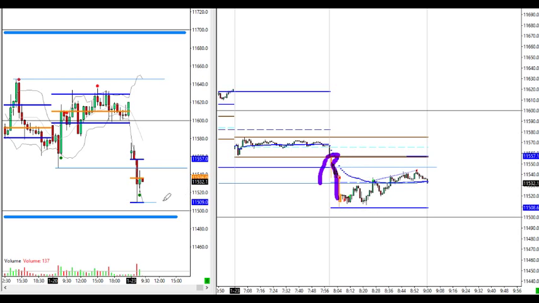Now waiting to see if we will just balance here and have this kind of B-shaped day, where price will just consolidate sideways and then see if it has further downside. Also, in terms of the Bollinger Band, as I said earlier this morning, this doesn't mean it cannot go further down, but generally price tends to stay within the Bollinger Band.